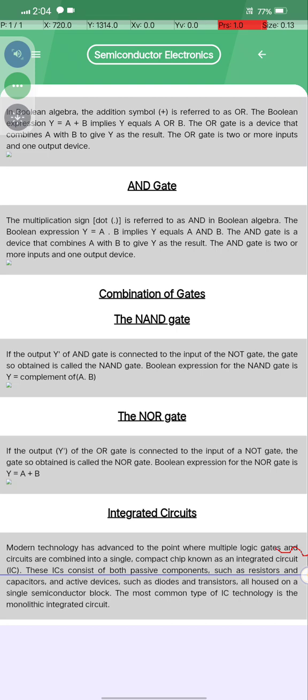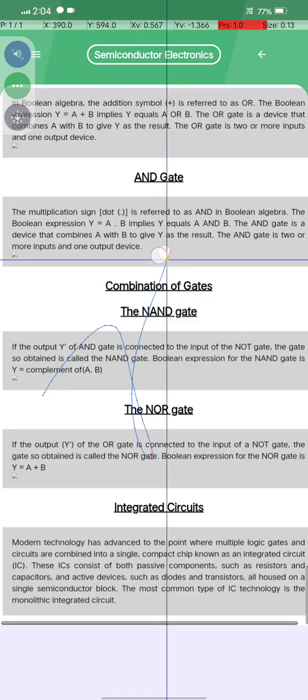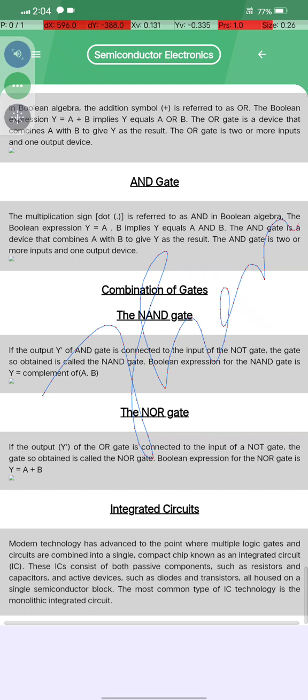These ICs consist of both passive components such as resistors and capacitors, and devices such as diodes and transistors, all housed on a single semiconductor block. The common type of IC technology is the monolithic integrated circuit.